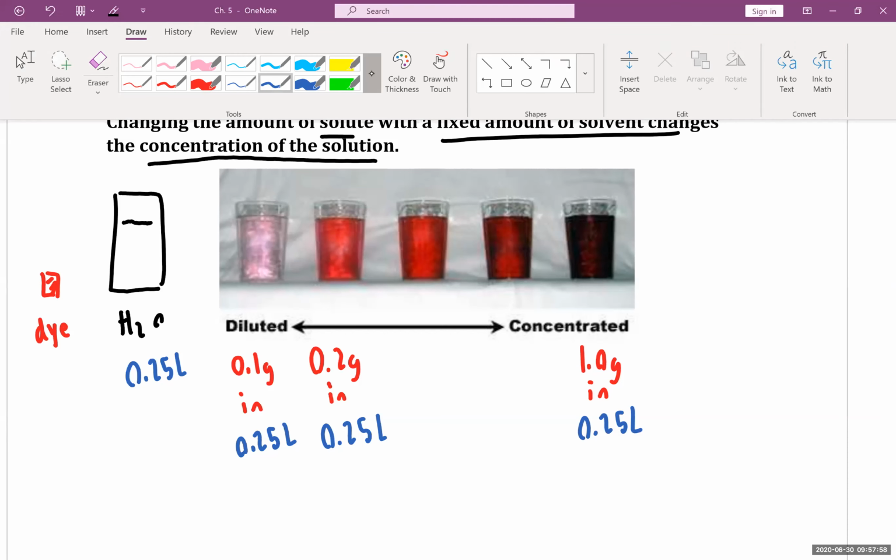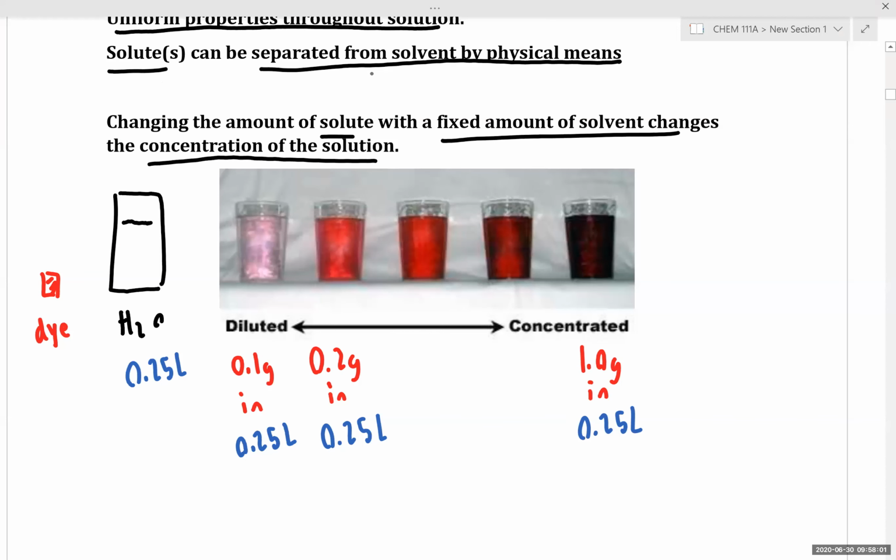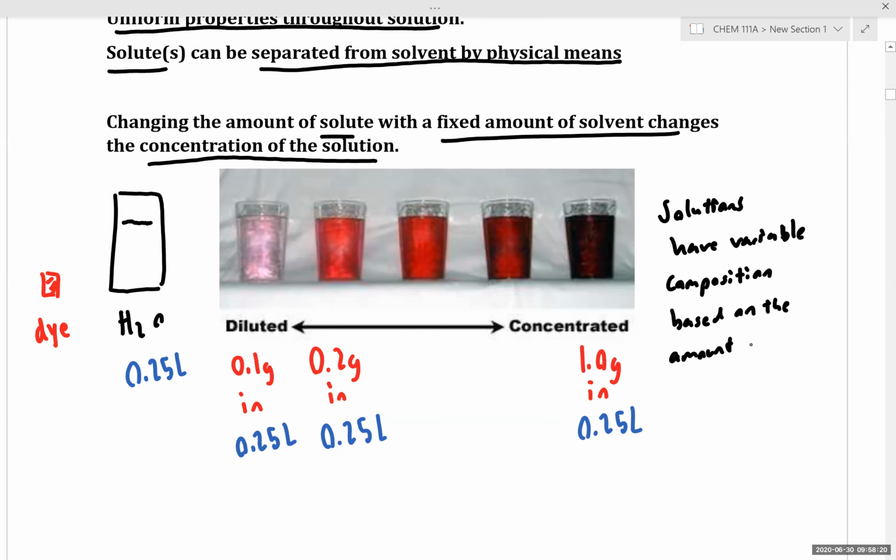So the key takeaway that I want you to know from this discussion is that solutions have variable composition based on the amount of solute and solvent. Depending on your solute to solvent ratio, your solution will have a different concentration or a different amount of solute per amount of solvent.